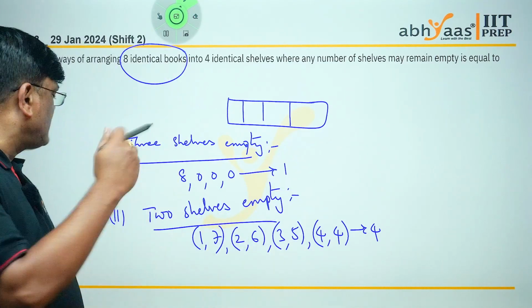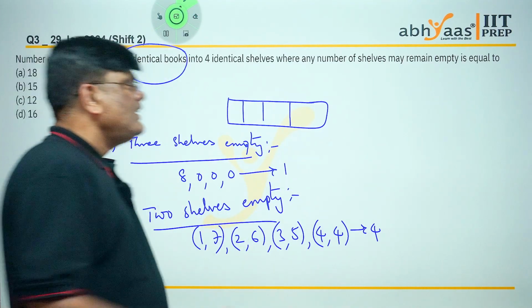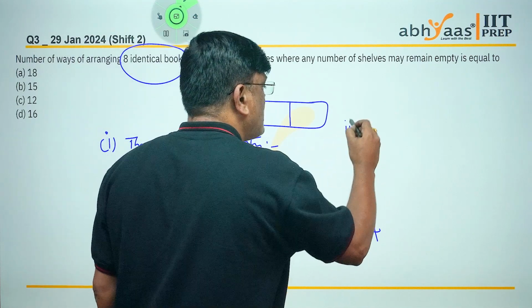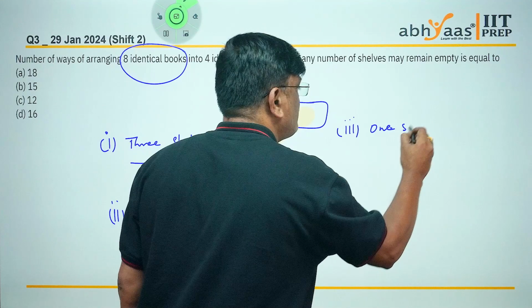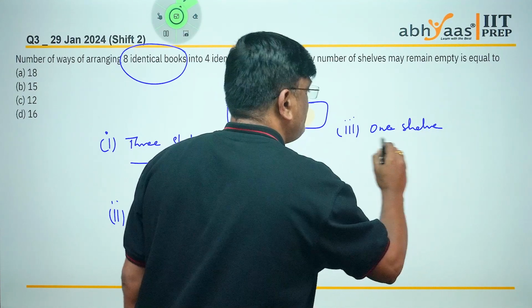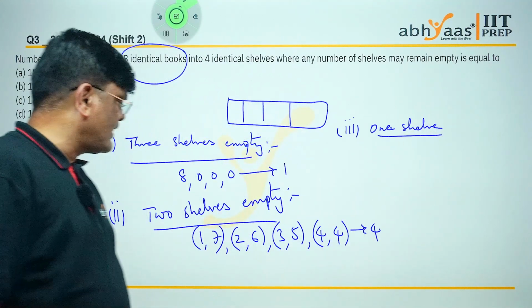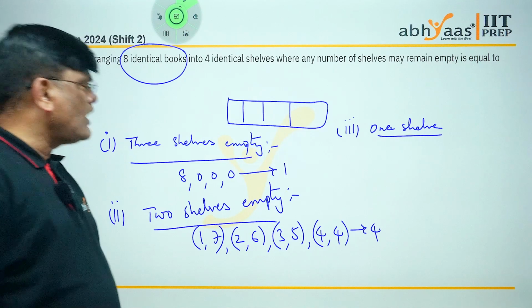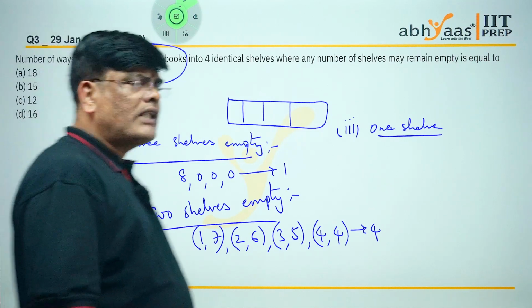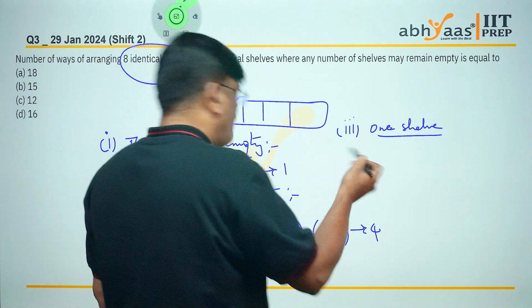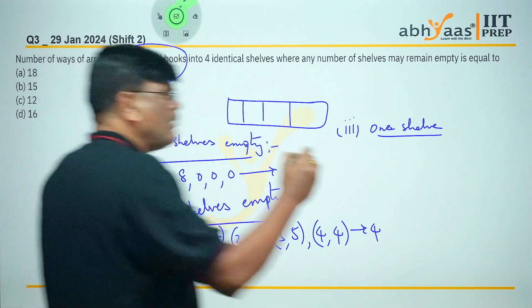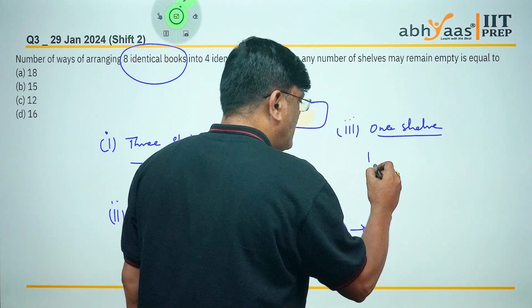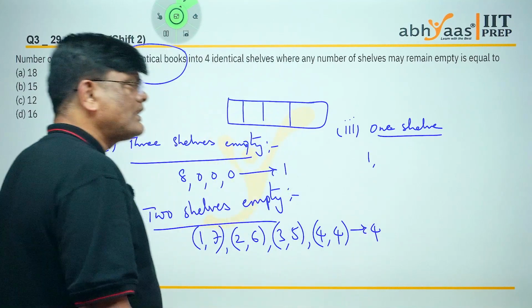Okay, next now we'll see the third case. The third case is when only 1 shelf is empty. Now in this case we'll see what the cases are. For example, with 1, I can take only 1 shelf empty.